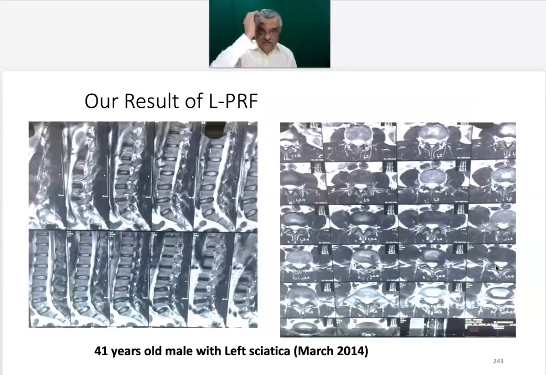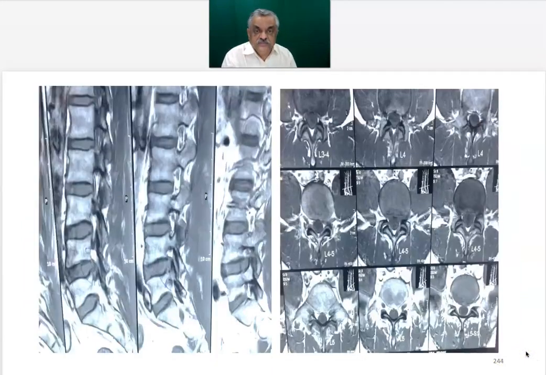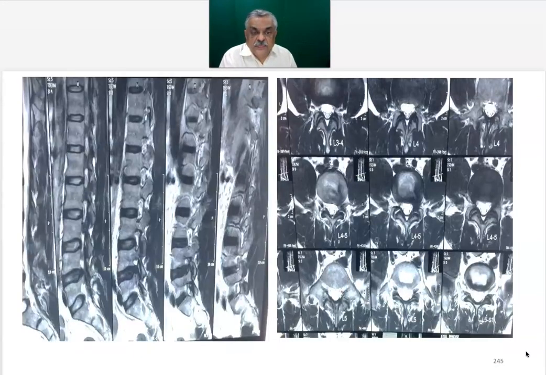Now our results of PRF are shown here. This is a patient who is a 41-year-old male with left-sided sciatic pain, and you can see this is what it is. We operated on this patient, and this is a picture which shows you what has happened later on, and this is also a picture which will show you the result.